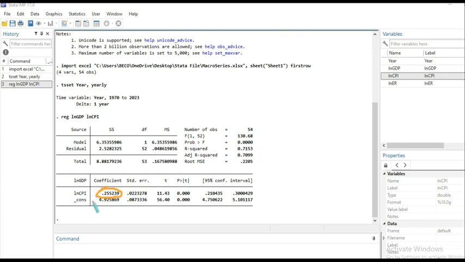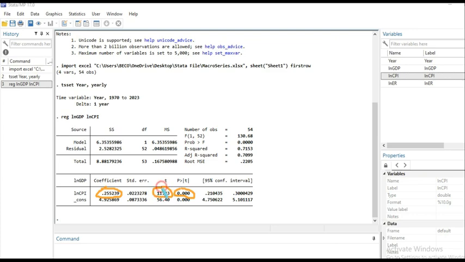That means there is a positive relationship between log of GDP and log of consumer price index, that is, between inflation and economic growth, and the impact of inflation on economic growth is strongly significant because the calculated probability here is 0.000, and the calculated T statistic is 11.43.